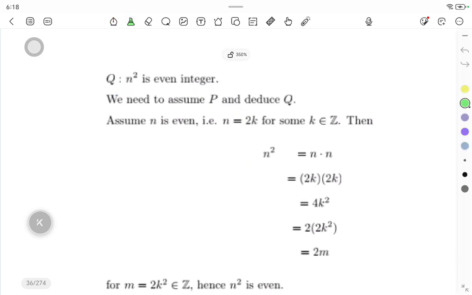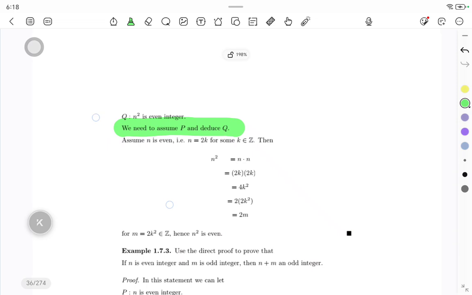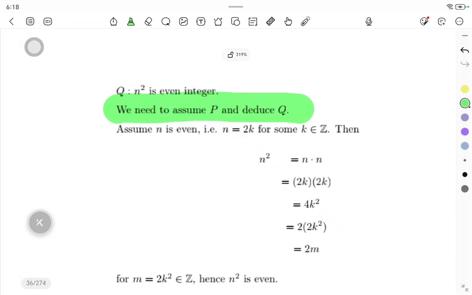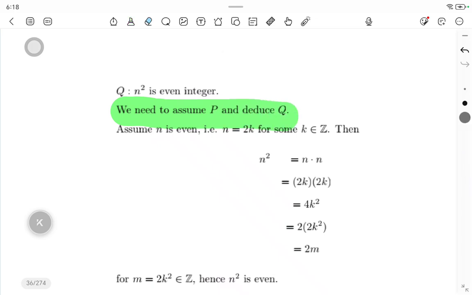Then they tell us this. They say we need to assume P and deduce Q. So this is not what we are going to write. That is not very important. They were just telling us. What we are going to write is this.